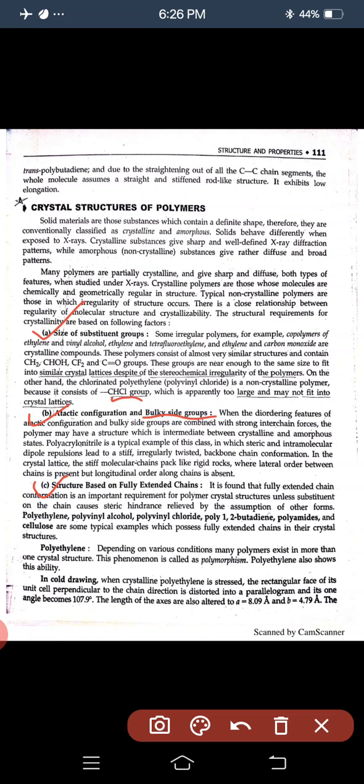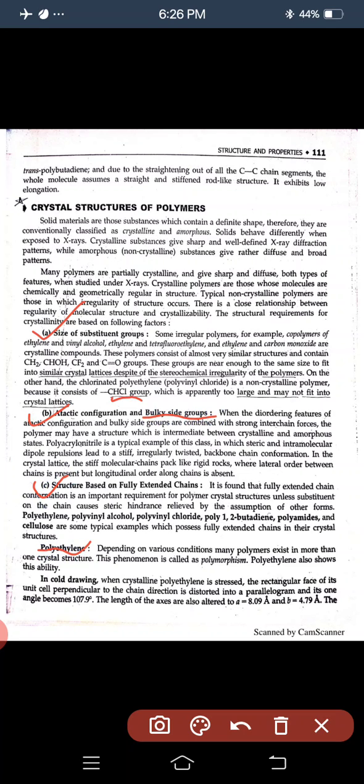It is found that fully extended chain conformation is an important requirement of the polycrystalline structure unless substituents on the chain cause steric hindrance relieved by the assumption of other forms. Polyethylene, polyvinyl alcohol, polyvinyl chloride, poly 1,2-butadiene, polyamides and cellulose are some typical examples which possess fully extended chains in their crystal structure.